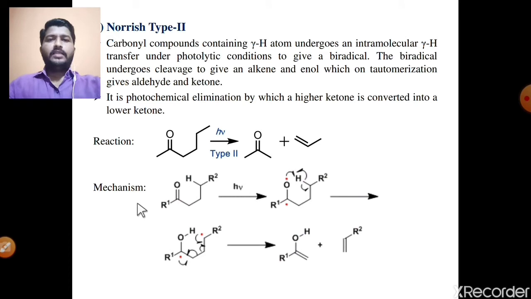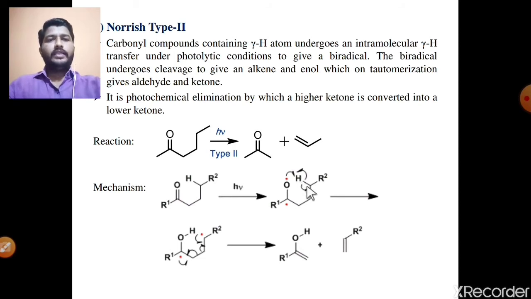See the mechanism of this reaction, R C=O CH2 CH2 CH2 and R2 molecule. By absorption of light radiation, number first step is the abstraction of H radical from gamma position. See, the position is carbonyl carbon, adjacent position is alpha position, then beta position and gamma position. Number first step is abstraction of H radical from gamma position.